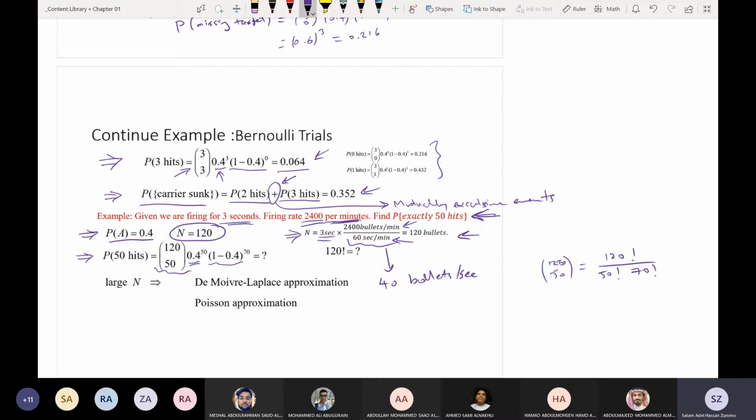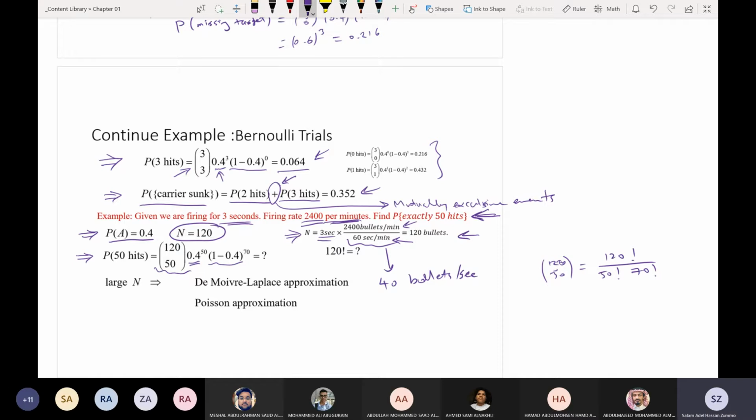Now, if you don't have a computer, if I give you this in the exam, or if you are trying to calculate it very quickly, on the go, you are an engineer and you are trying to do some first dimensioning of a certain problem. Then in this case, 120 factorial is prohibitively difficult to calculate, because you need to multiply 120 by 119 by 118 all the way down.